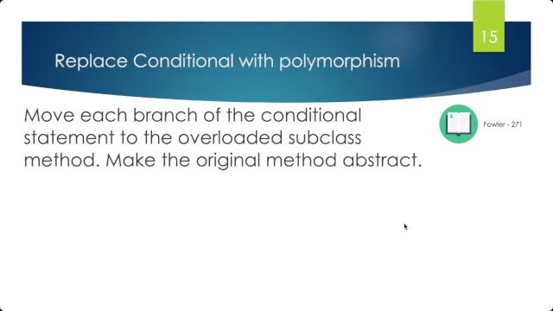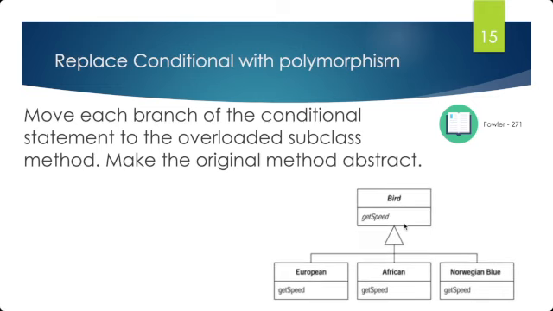We can replace our condition with polymorphism. In this situation, when we determine the behavior of some object from the type of this object, we can just create a hierarchy of our birds and implement the behavior inside methods and just call this method, and behavior will depend on the type of our bird. It's European or African or something else.